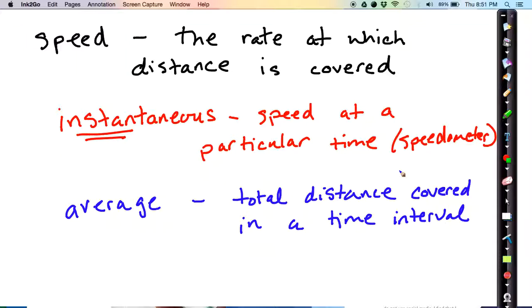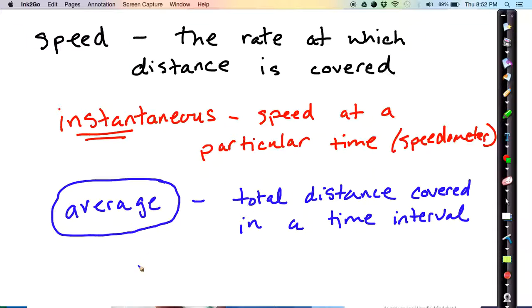So when we do calculations with speed, we are usually calculating average speed. We'll have measured the distance traveled, measured the time interval in which we cover that amount of distance, and then we can plug those values into the rate ratio for speed.